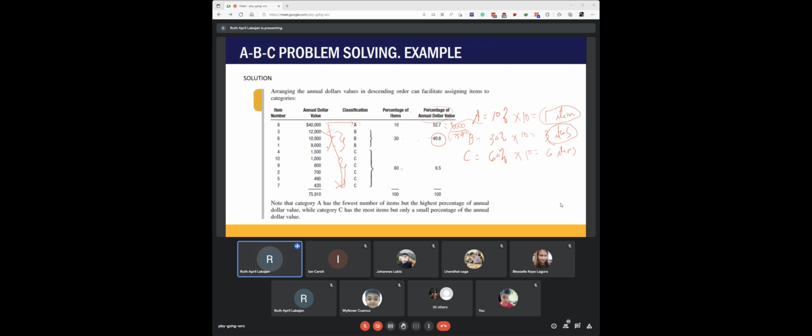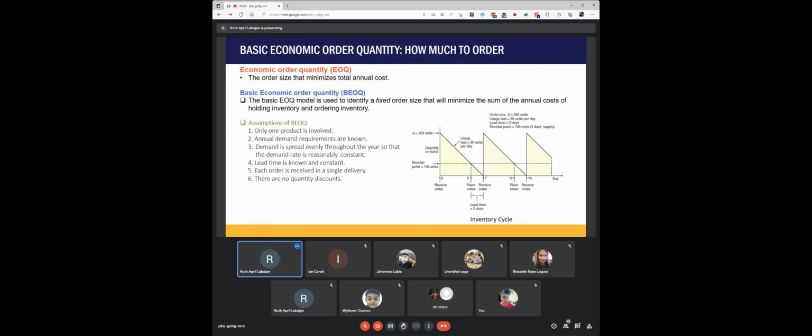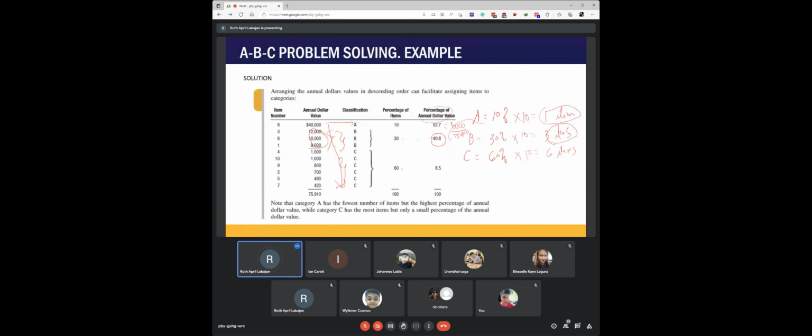The sum of this. Okay, how much is this? 22 plus 9, 31,000. Then this 6.5, you add it up and divide by 75,910. Okay?